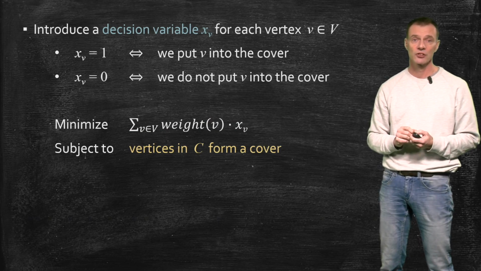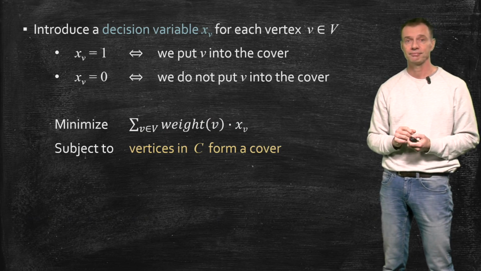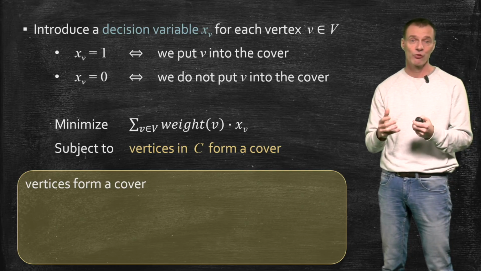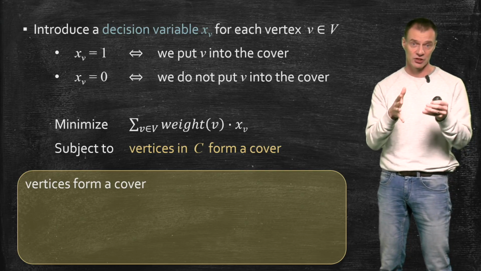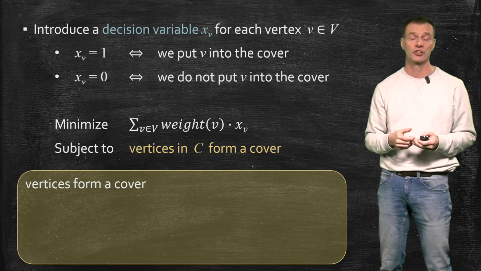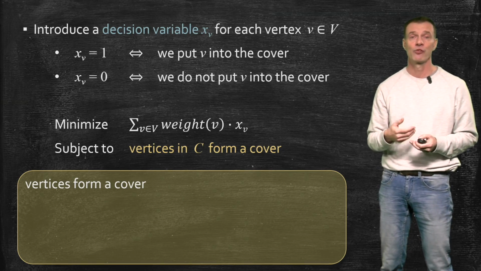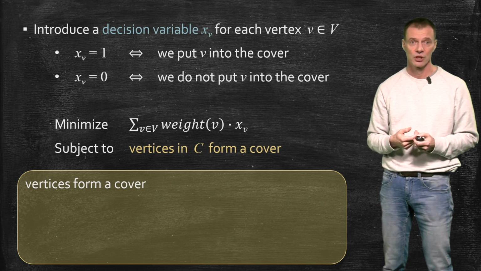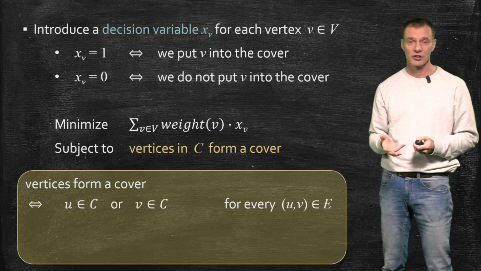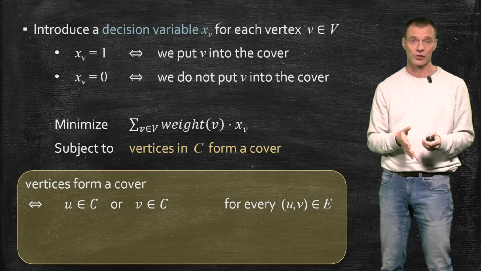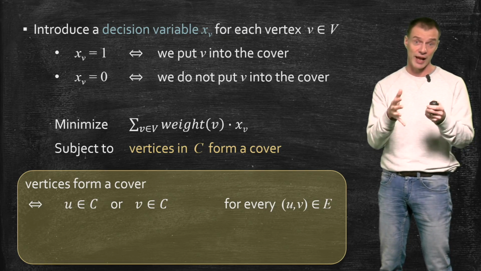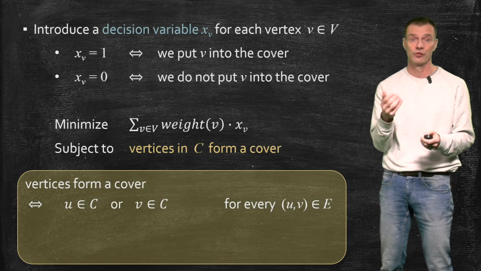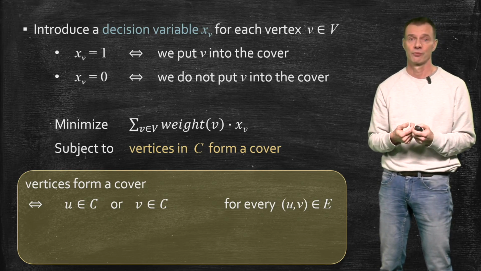So now let's look at the constraints. So what can we say? How can we formulate the fact that a subset C of vertices is a valid cover? How can we formulate that in terms of our decision variables? Well, it's a valid cover if for every edge uv, either u is in the cover or v, or both.